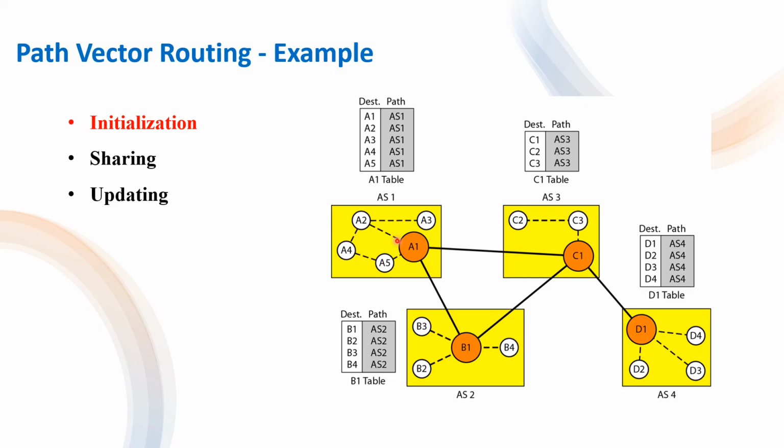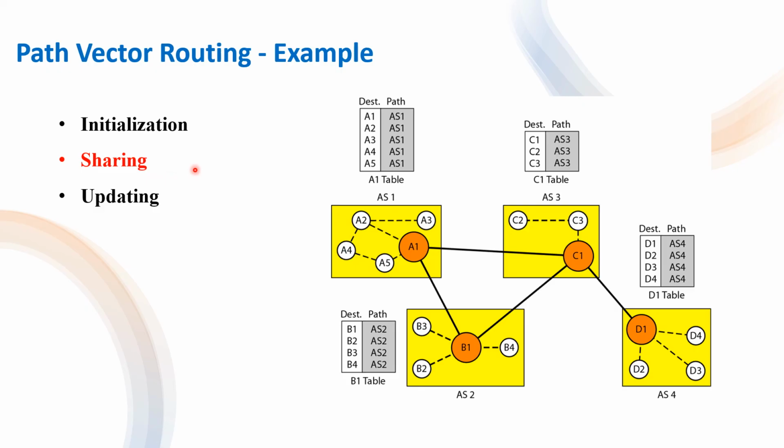Node A1 creates an initial table that shows A1 to A5 are located in AS1 and can be reached through it. Node B1 advertises that B1 to B4 are located in AS2 and can be reached through B1, and so on.